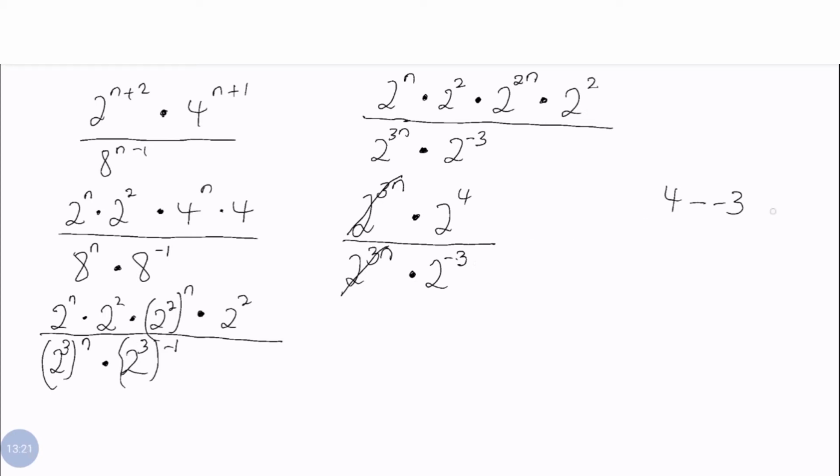A minus and a minus will change to a plus. So we will have 4 plus 3, which is equal to 7. So the index we'll have is 7. So it is 2 to the power 7. What is 2 to the power 7? 2 to the power 7 is equal to 128. So now this is our final answer.